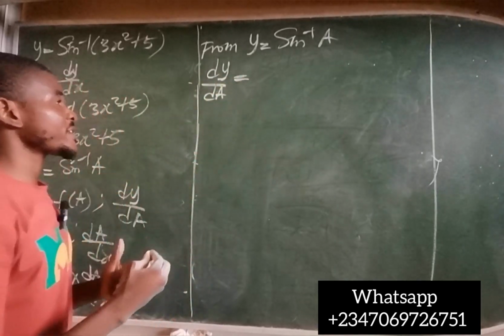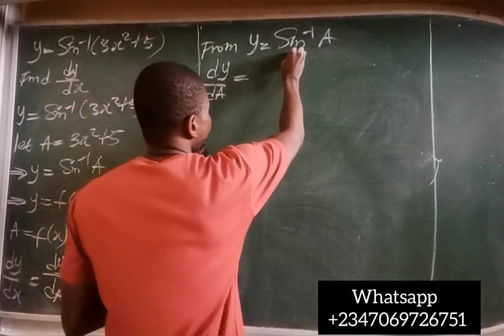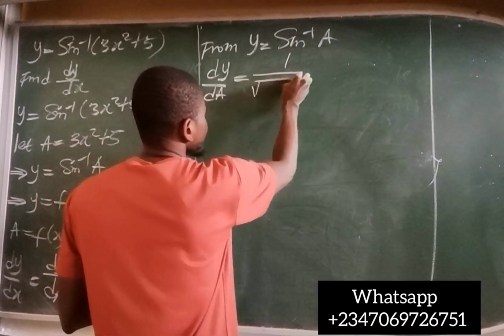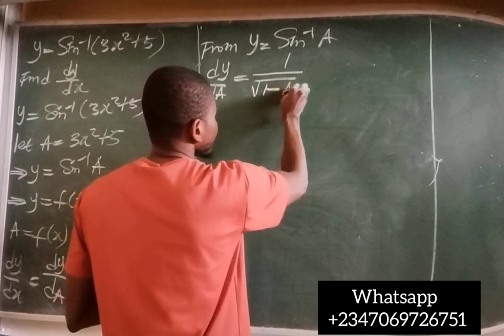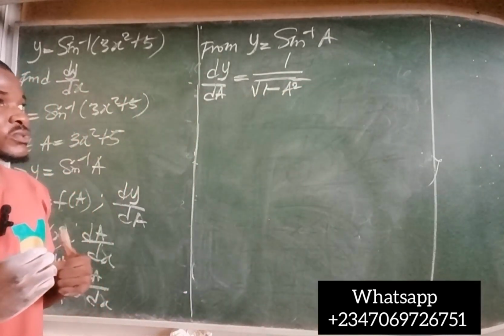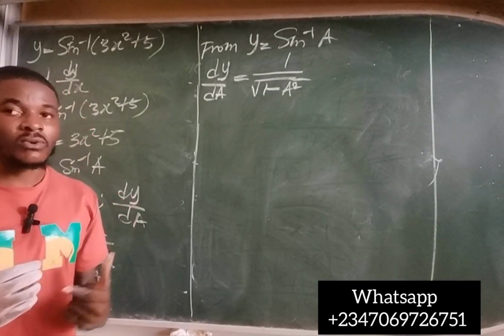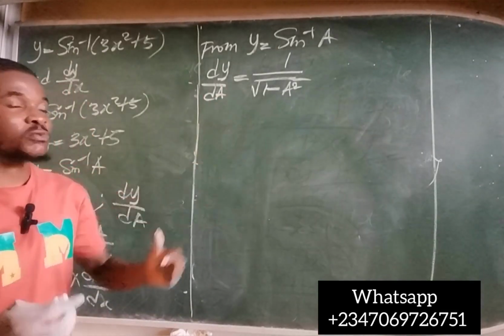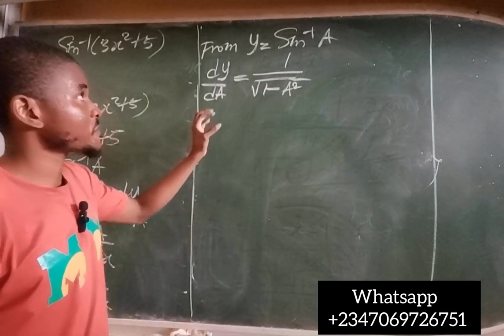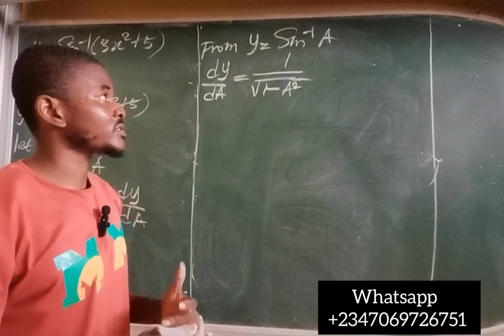So that gives me dy da, and dy da is simply 1 over the square root of 1 minus a all squared. So once again, please look up the previous videos on how to differentiate the inverse sine function to properly understand how this happens. But if you differentiate y with respect to a, when y is sine inverse of a, you're going to obtain this as the result.